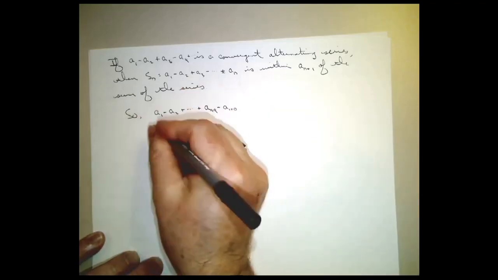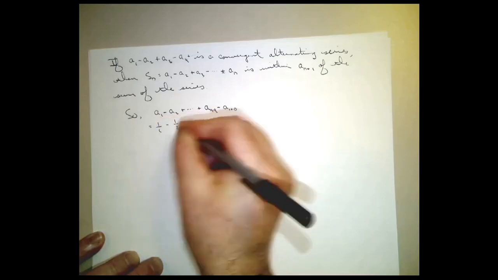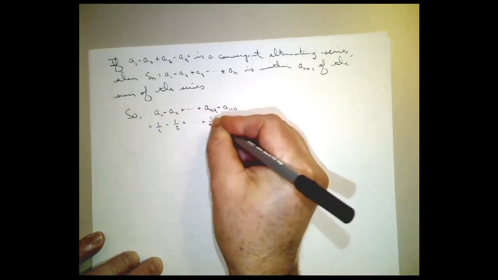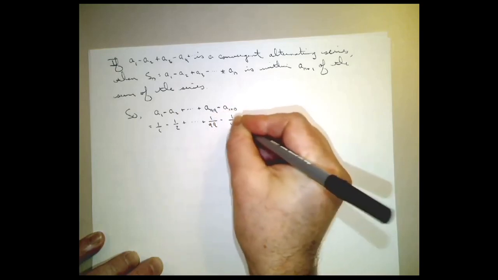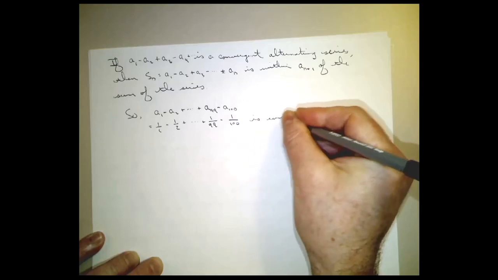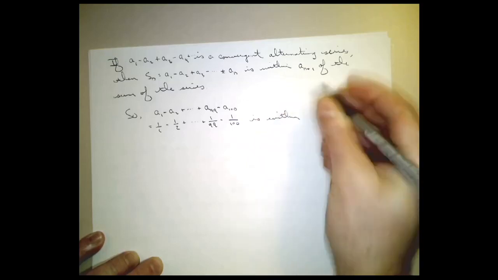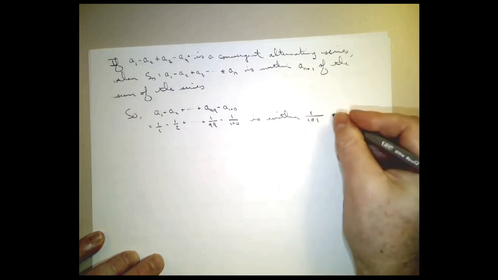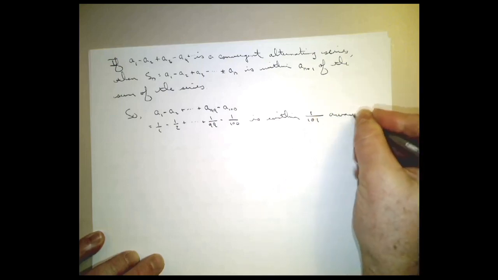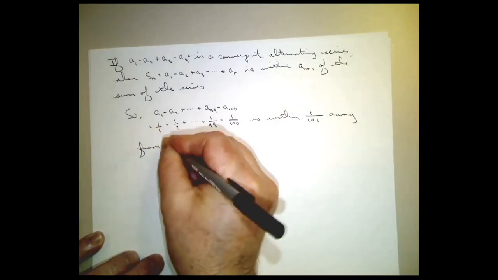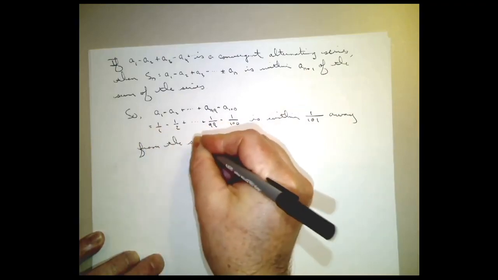And so I know that the 100th partial sum, in our example, that's going to be 1 over 1 minus 1 over 2, and so on, plus 1 over 99 minus 1 over 100, is within 1 over 101 away from the sum of the series.